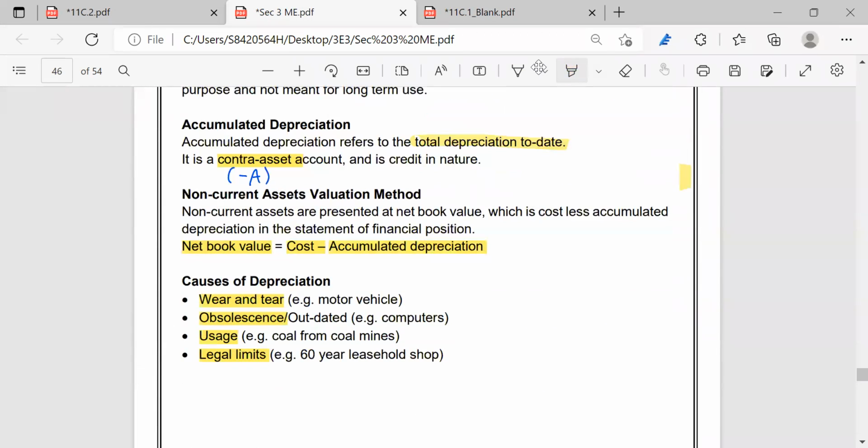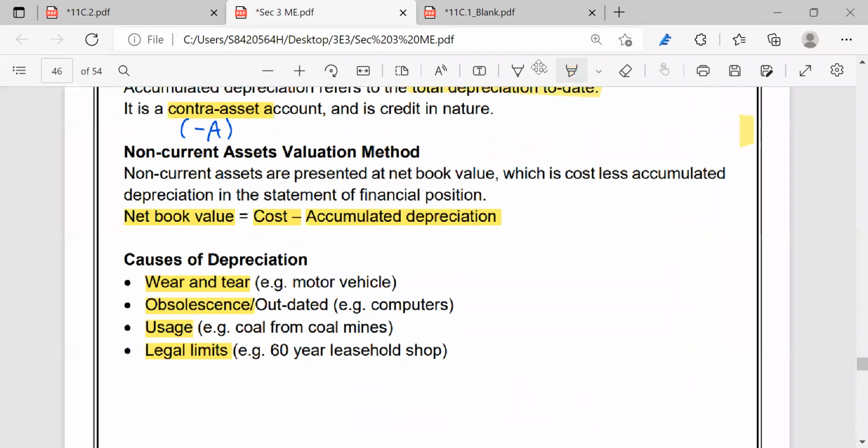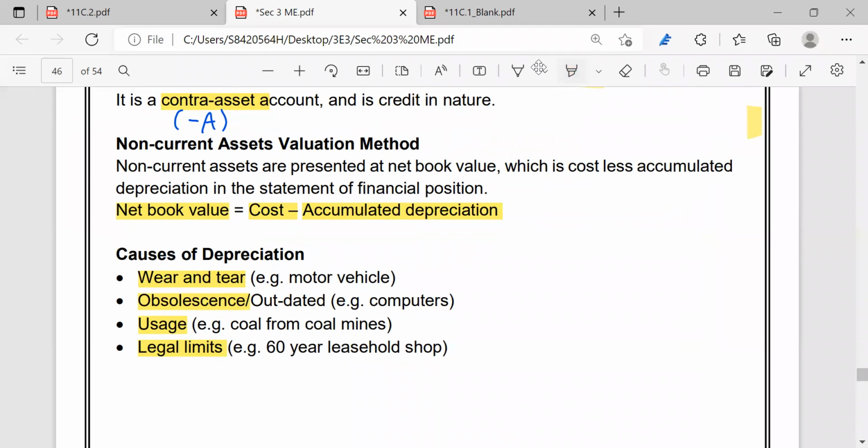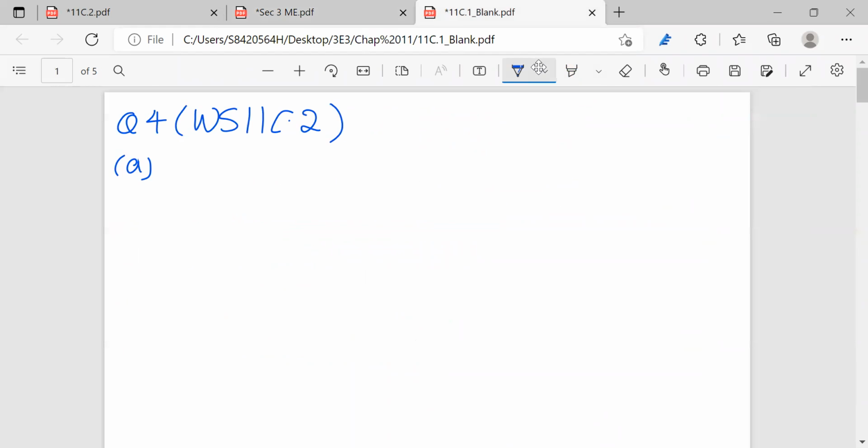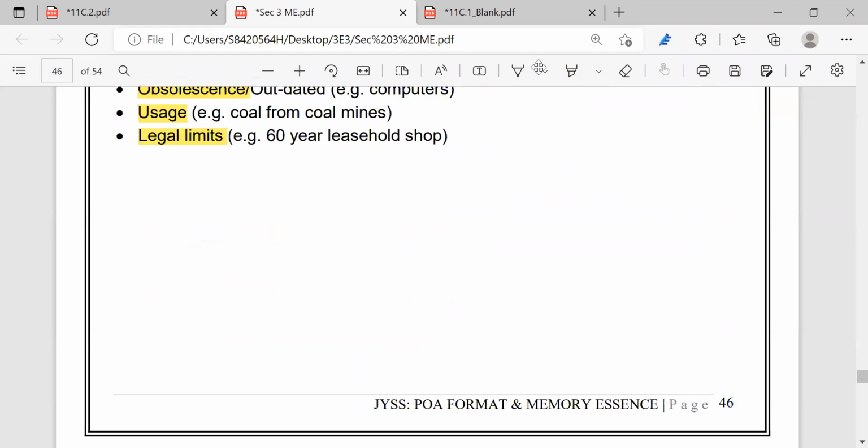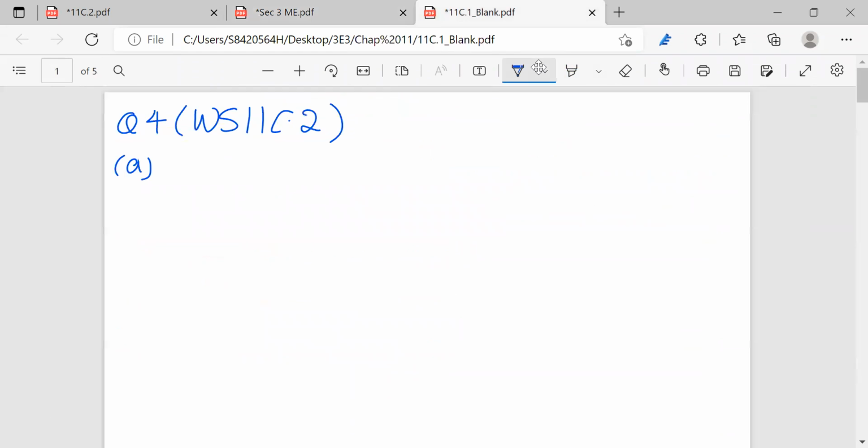Causes is down here, on page 46. Any 2 causes: wear and tear, obsolescence, usage, legal limits. Just state 2. You copy from there.